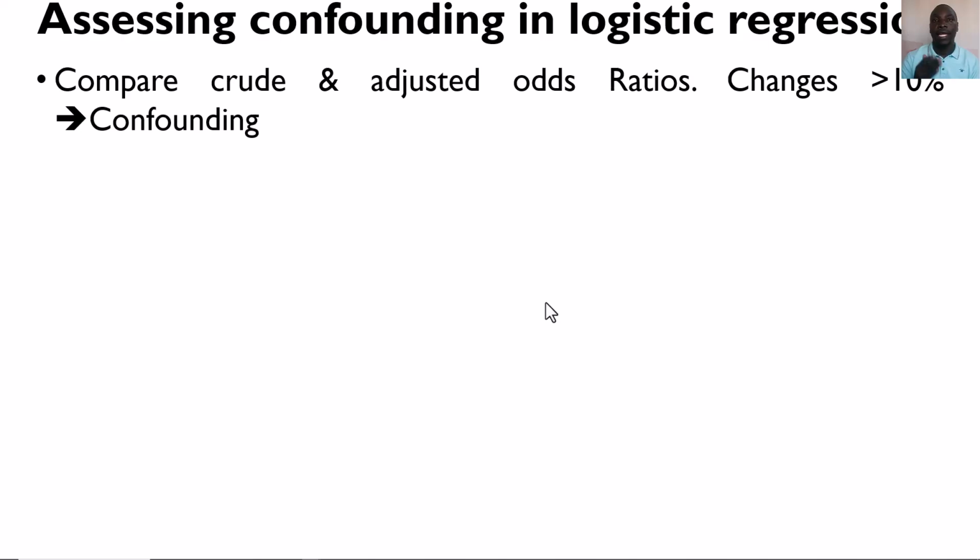We then run that model again, but this time including our potential confounder to get the adjusted model, which will give us the adjusted odds ratios. We then compare the estimates we got in the crude and the adjusted to see by what percentage these estimates have changed. If we have a change of more than 10%, then we shall consider that that variable is confounding the relationship between the specific variables that have changed.